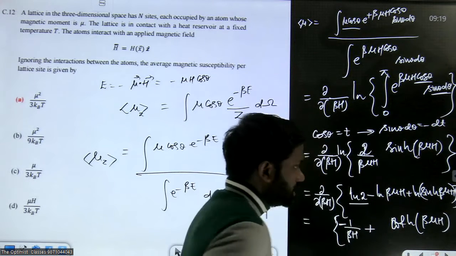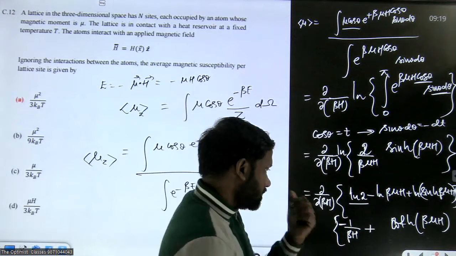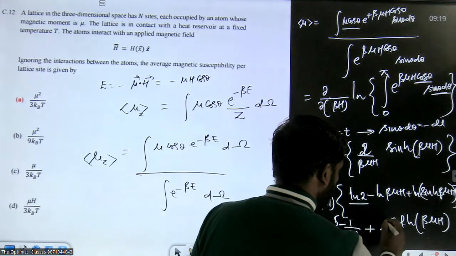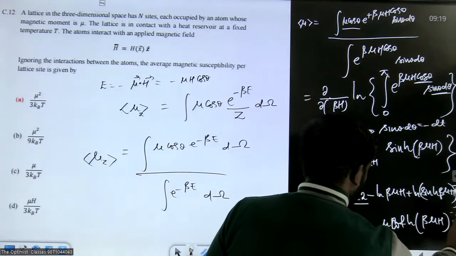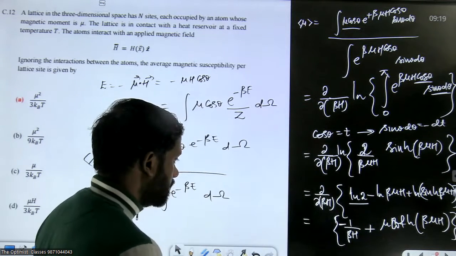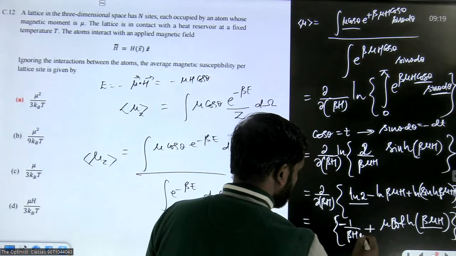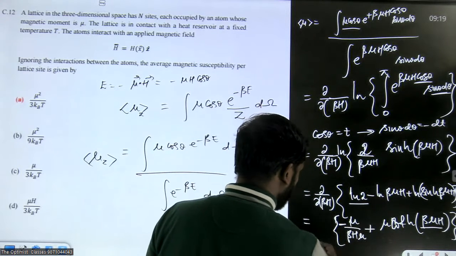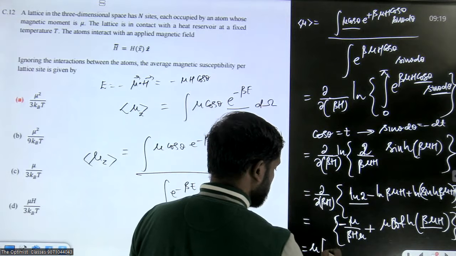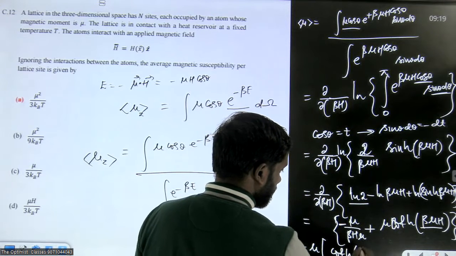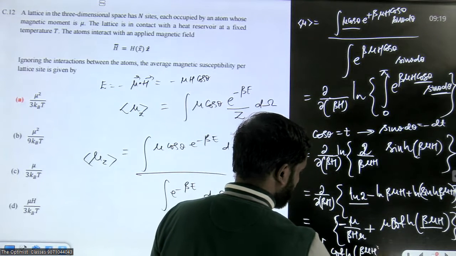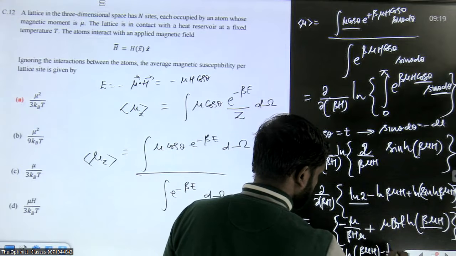Since you are differentiating with respect to beta mu h, a factor of mu will come outside. So we can write this as: there is a beta mu h term here, so you can multiply here by mu and here also by mu. So mu comes outside, and you get cot hyperbolic beta mu h minus 1 by beta mu h.